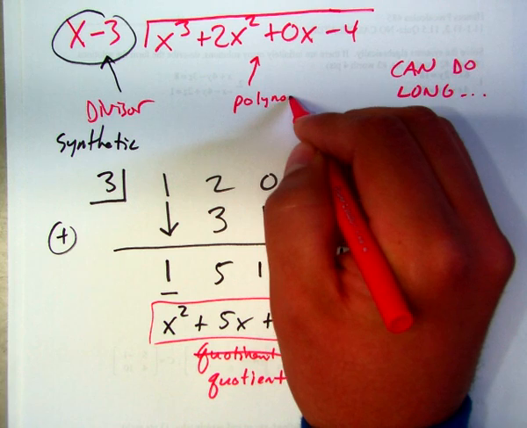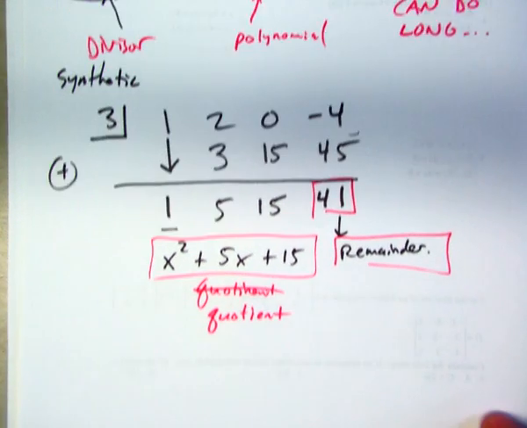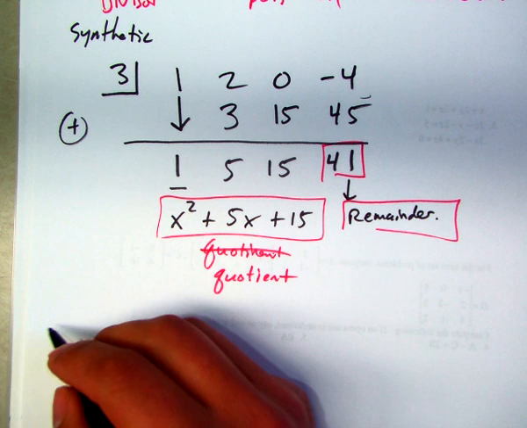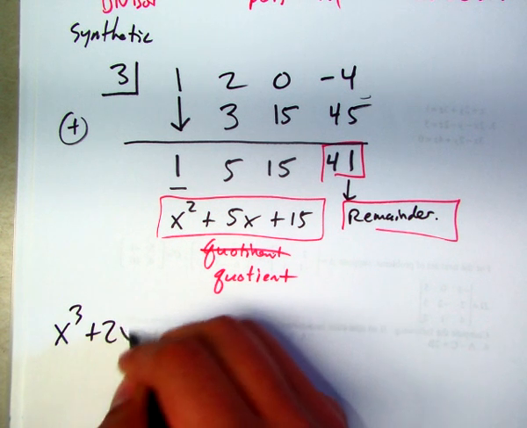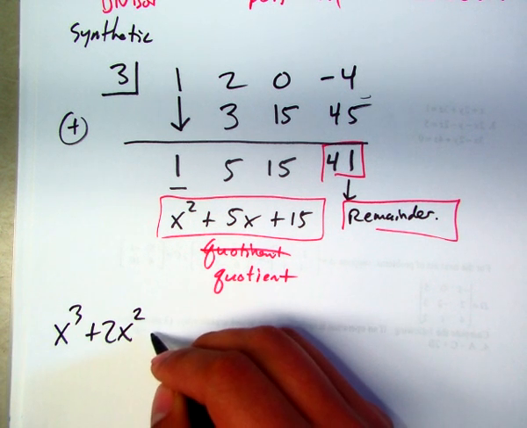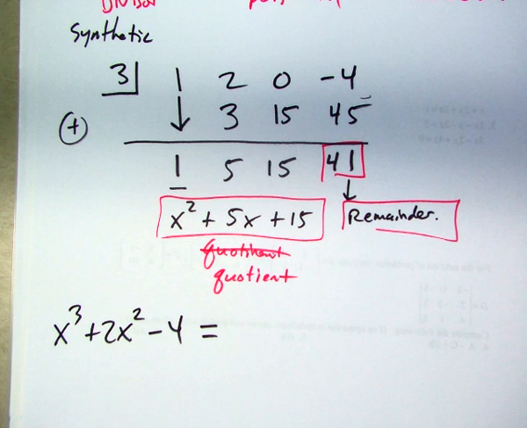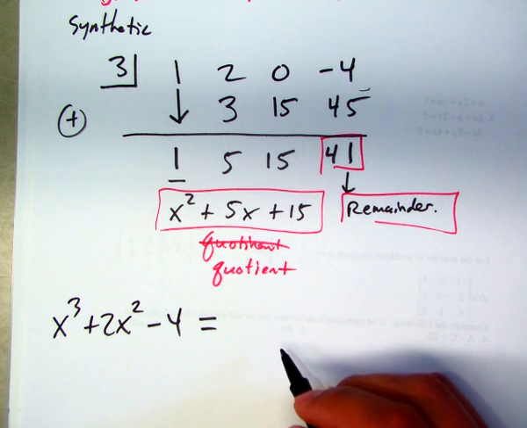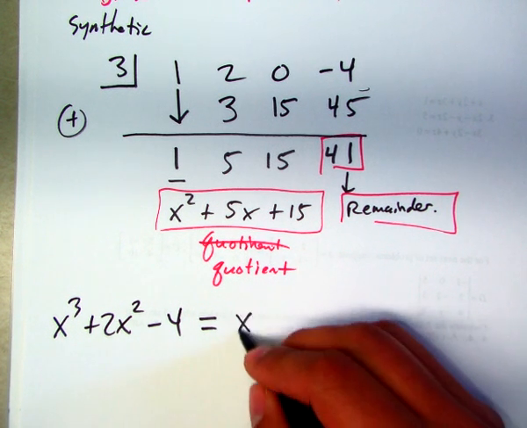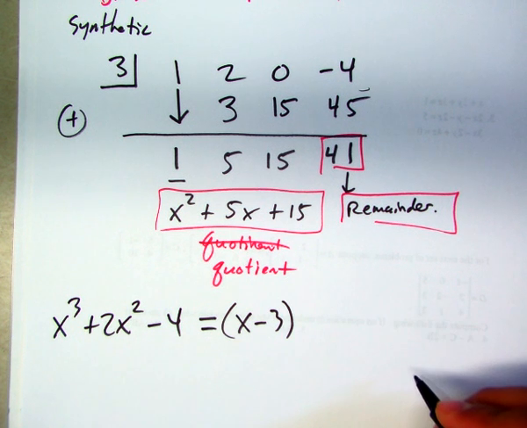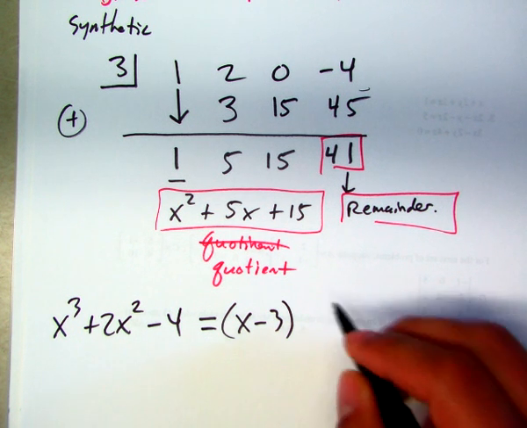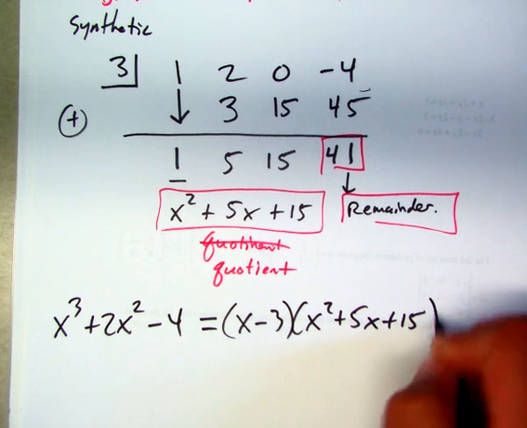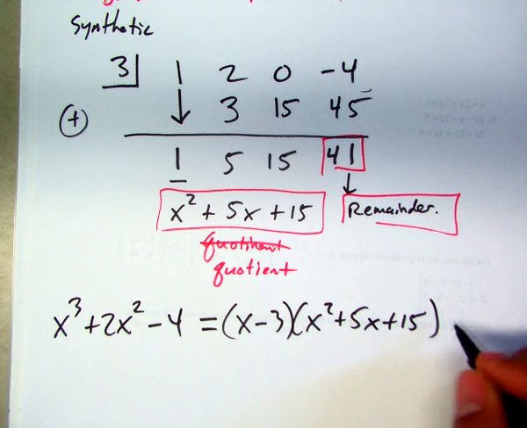So according to the division algorithm, I can take the original polynomial, which is x cubed plus 2x squared minus 4, and write it as the divisor, x minus 3, times the quotient, x squared plus 5x plus 15, plus the remainder, 41.